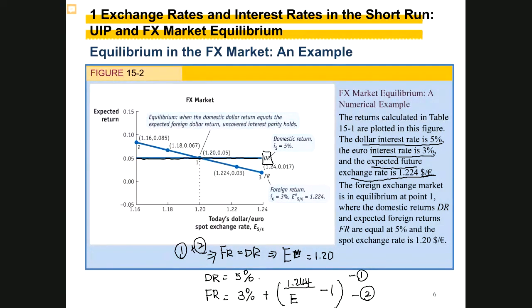I already found the equilibrium. So the next step is to change a certain condition and see what the new equilibrium looks like. In economics, this is called comparative static analysis.